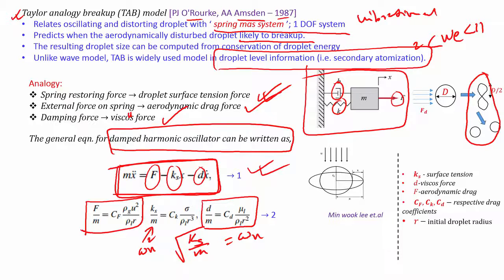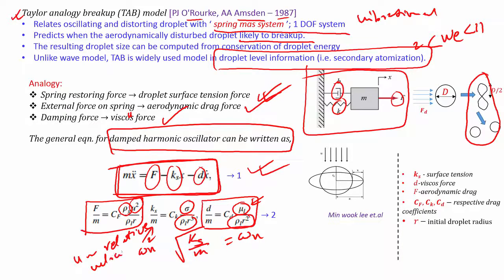Now, as you see, we have carefully chosen our units over here. This is sigma divided by rho l r cubed. This is given by mu l, because this is viscosity dependent, divided by rho l r squared. Forcing of course involves rho g, because it is aerodynamic forcing, and u squared, where u is the relative velocity.